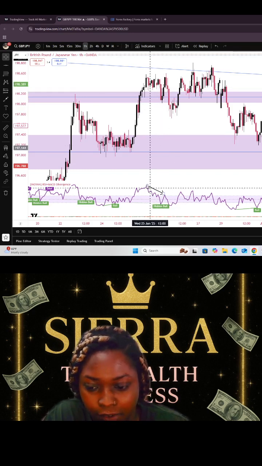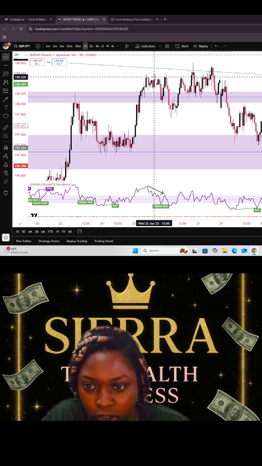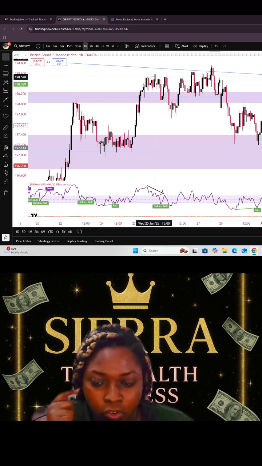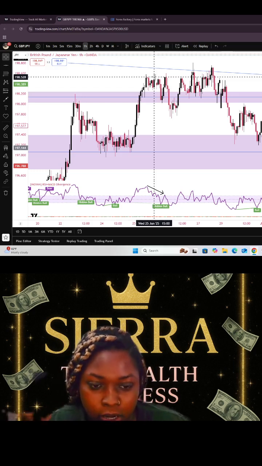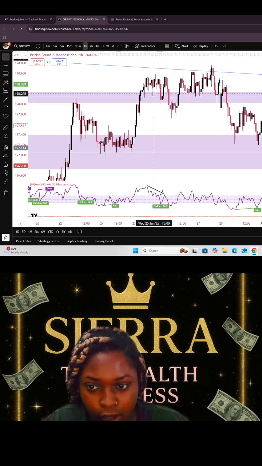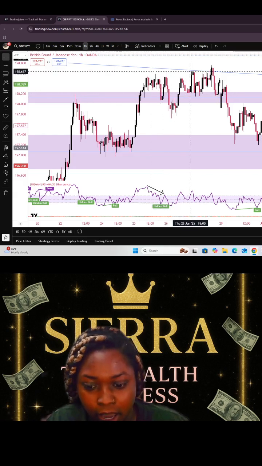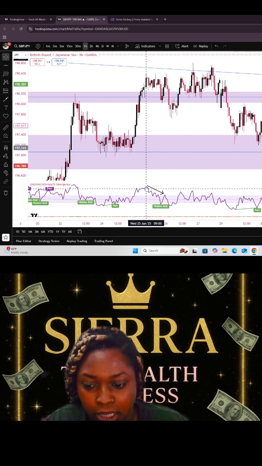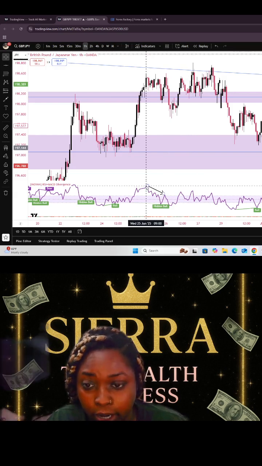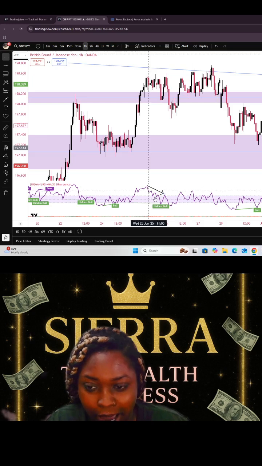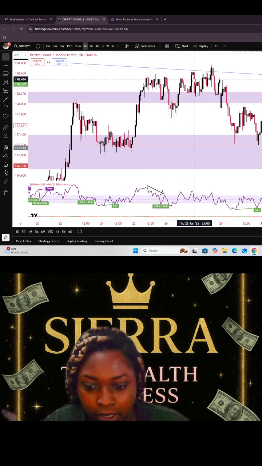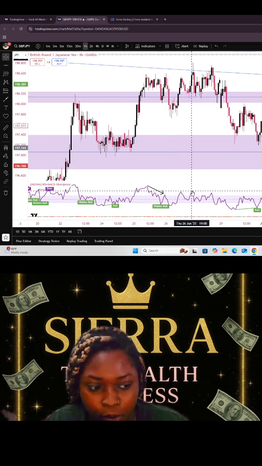It's not giving us lower lows and lower highs up here on the chart. So this is called divergence. So it's letting me know that price is getting ready to sell. Currently price is buying. It brought up to the zone, but it's letting me know that price is getting ready to sell. So we got divergence over here. Then price came up to our zone and it gave us a double top. It gave us our first point here, and then it gave us our second point here.